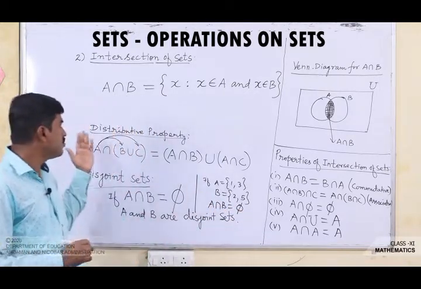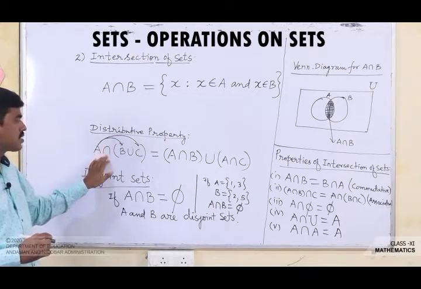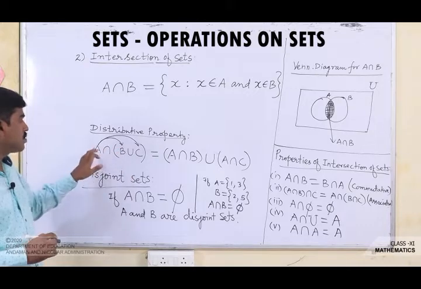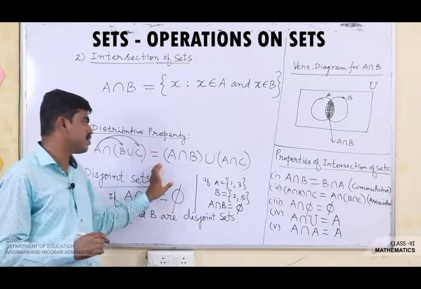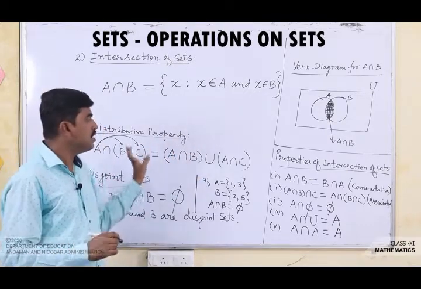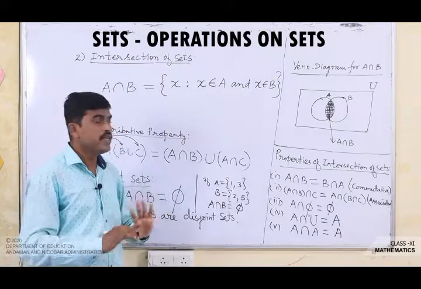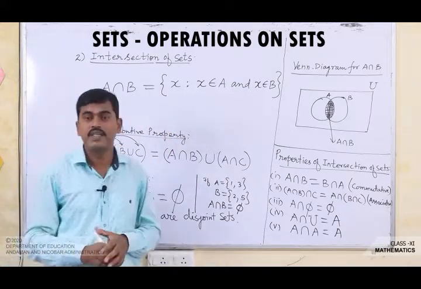And the distributive property, what is the distributive property? It is the distribution of intersection over union. So A intersection B union C is equal to A intersection B union A intersection C. Is it clear? What is intersection and what are the properties of intersection?